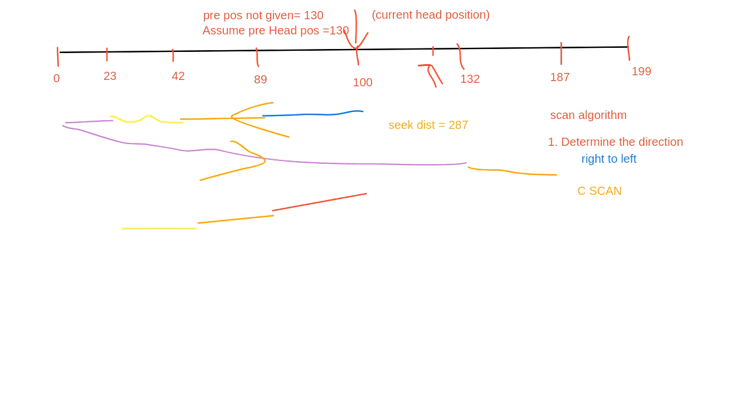Then from 23 it goes to 0, even though there is no request here. Now after 0, in circular scan, it will go back to the last cylinder, which is 199. After going to 199, it will take reverse and serve the requests. It will go to 187 next. After 187 is completed, is there any request left? Yes, 132 is also left, so it will go for 132.